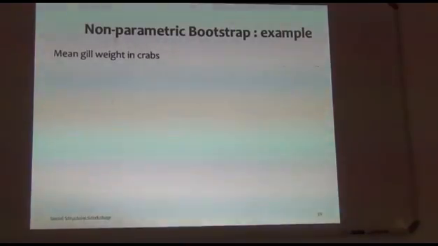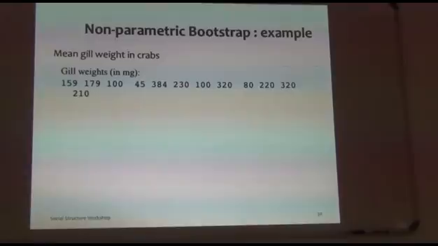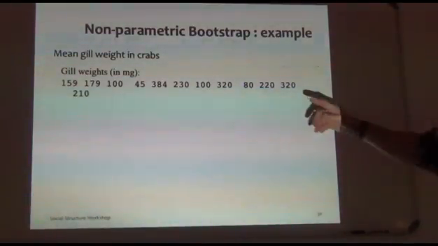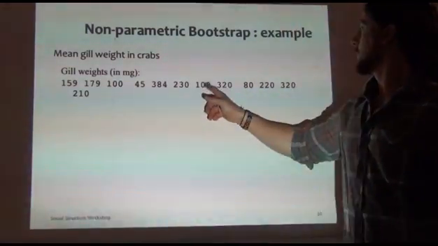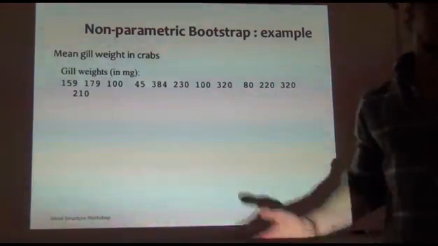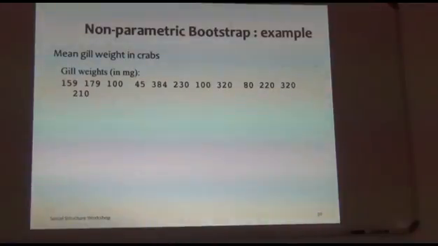I'll show you an example, and then if you have any questions. So again, mean gill weights in crabs. Say this is our observed data. We have 11 individuals. And then we calculate the median of this distribution, which is 195 milligrams.